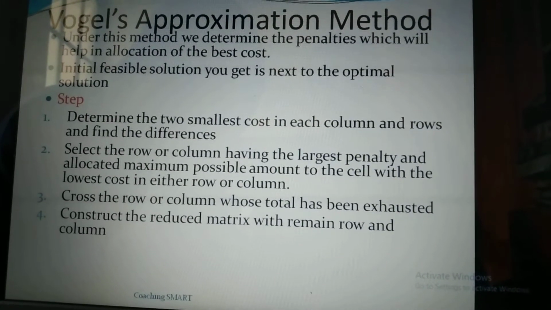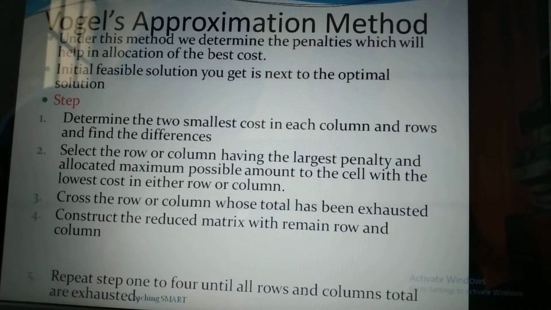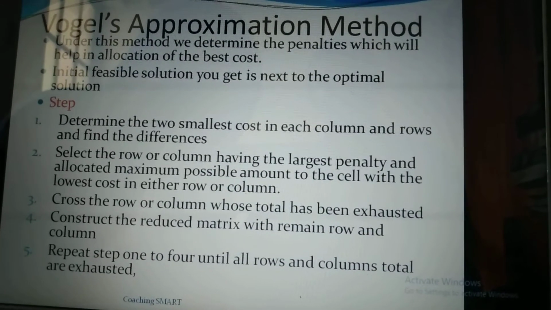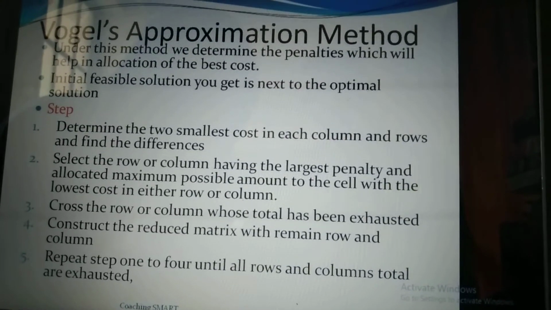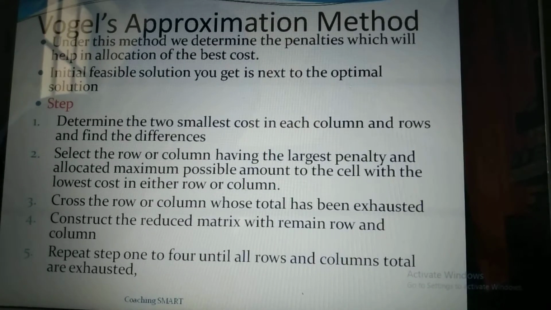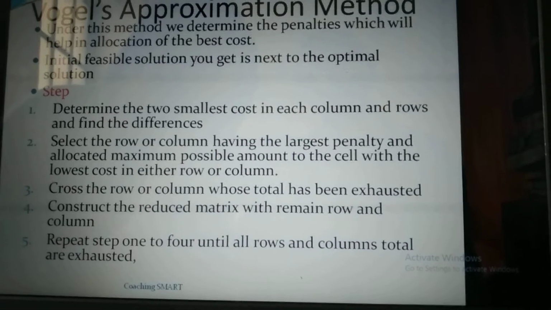Construct the reduced matrix with the remaining rows and columns. 5. Repeat steps 1 to 4 until all row and column totals are exhausted. So these are the procedures or steps to be followed when you are using Vogel approximation method.